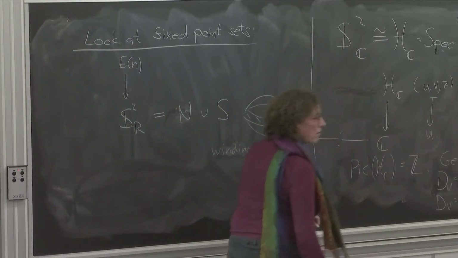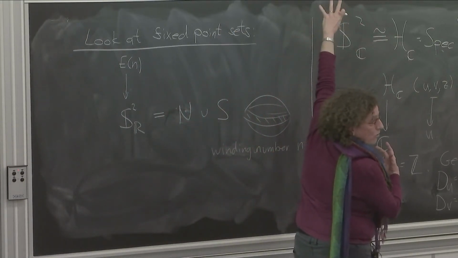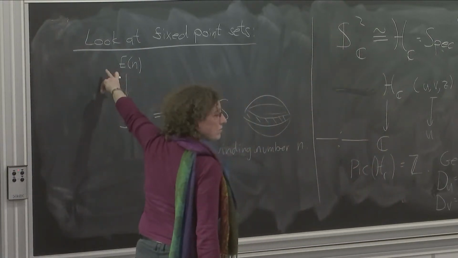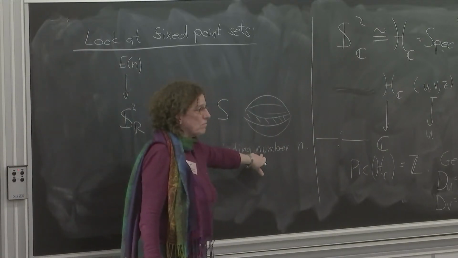And I just take this, I check who the transition function is, I look what it does to the fixed point set, and it just rotates within the winding number n.